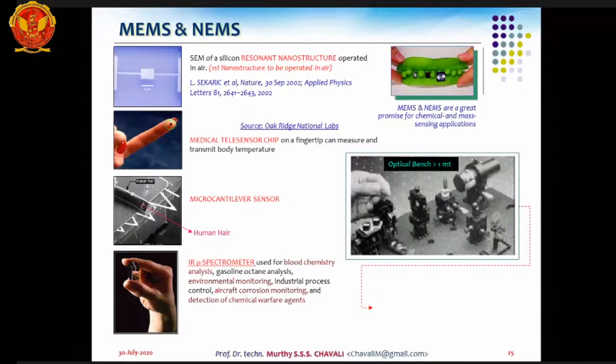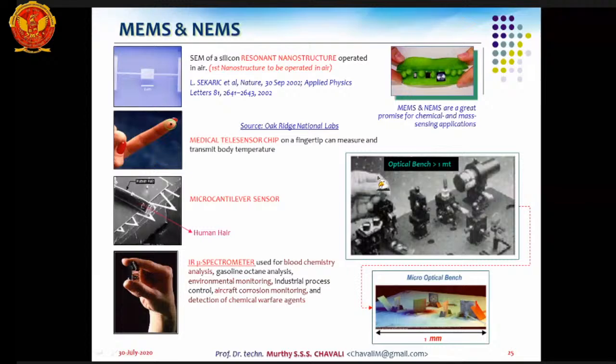And we have noted some of the sensors, like the medical telesensor chip, which is on the tip of your finger, where it can measure the temperature and at the same time transmit the body temperature to other devices. And you have an IR microspectrophotometer for blood analysis, gasoline octane analysis, and environmental monitoring, which is again 2 centimeters in size. This can also be used in chemical warfare agent monitoring, and this can also transmit.